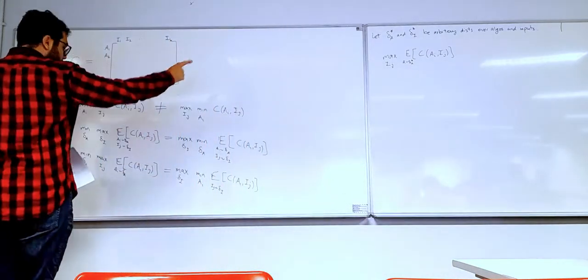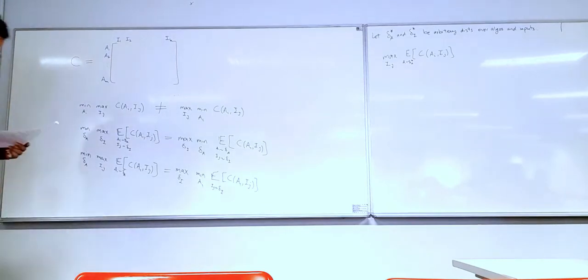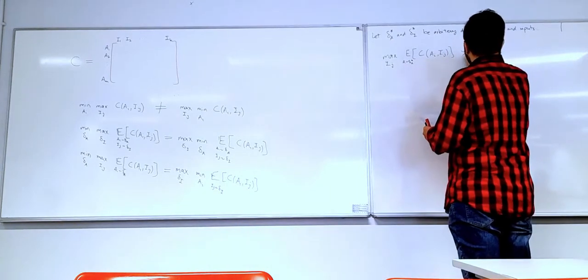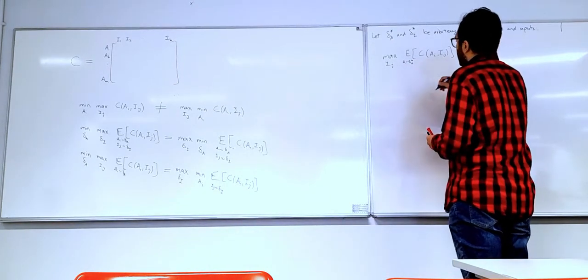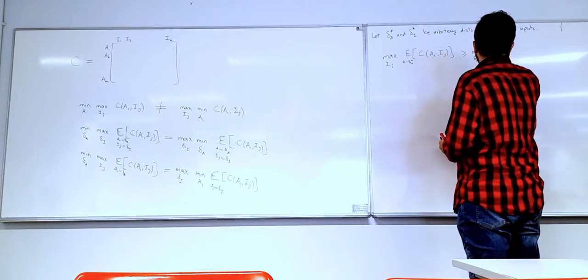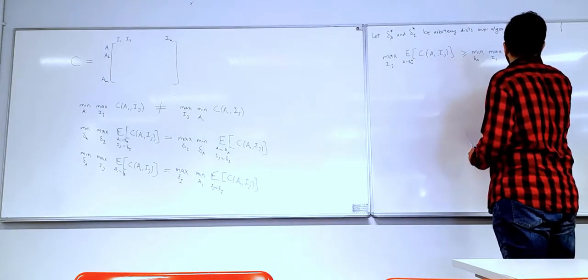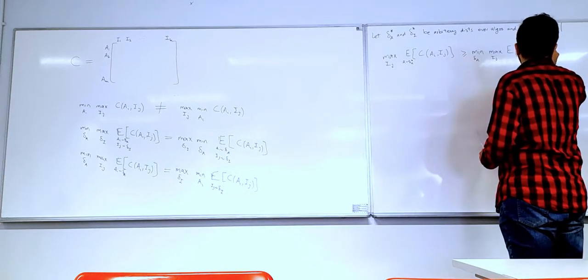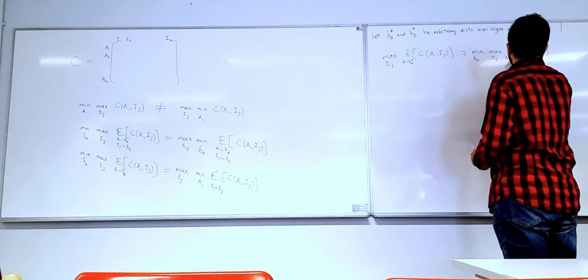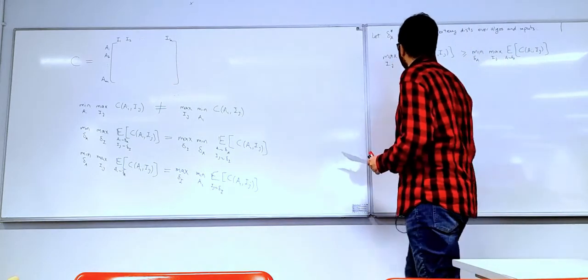But then that would be larger than this. Okay? So this is going to be greater than or equal than if we just took the minimum possible distribution. So minimum A, maximum ij, the expected value of C of AI ij, where AI is now distributed according to delta A. Sorry, yeah, according to delta A, not delta star.